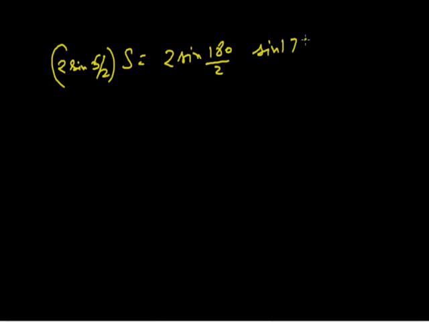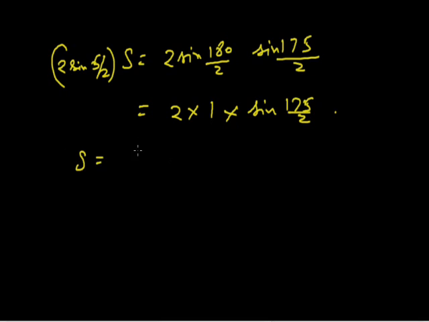Therefore, 2 sin(5 by 2) into S is equal to 2 sin 180 by 2 sin(175 by 2). We have again used the formula cos C minus cos D is equal to minus 2 sin((C plus D) by 2) sin((C minus D) by 2). Therefore, it became 2 into 1 into sin(175 by 2).